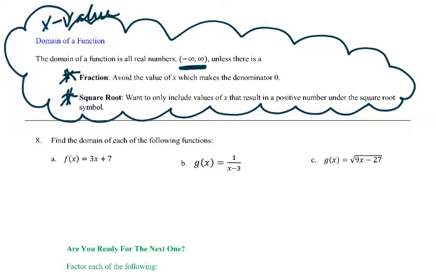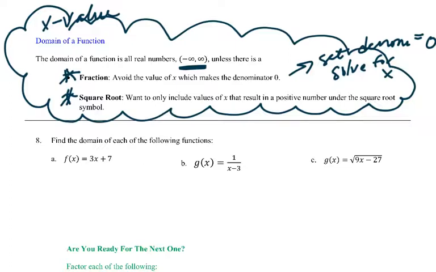So what happens if we have a fraction is that we have to avoid the values of x which make the denominator 0. So we have to set the denominator equal to 0 and solve for x, to figure out when the denominator is equal to 0, and when it's equal to 0, it cannot be contained in the domain because it would be undefined at that point.